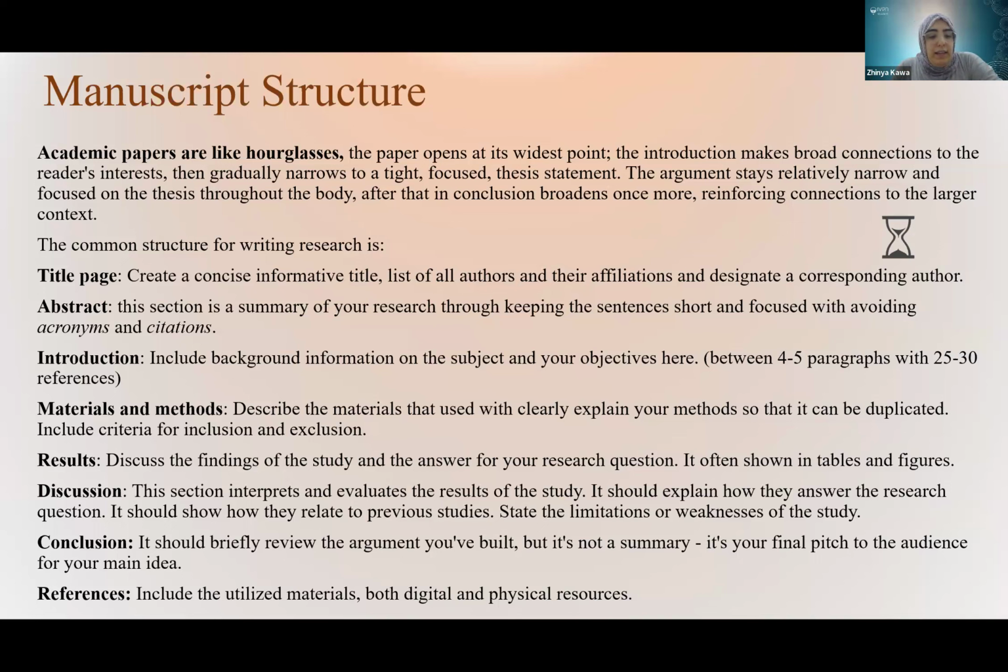And the last part, we have the conclusion. In the conclusion, remember, please do not mix up the conclusion with the abstract, because the abstract is a summary of your whole work. However, the conclusion should briefly review the argument that you have created, but it's not a summary. You're not going to mention everything from the very beginning to the end to say, okay, this is my conclusion.